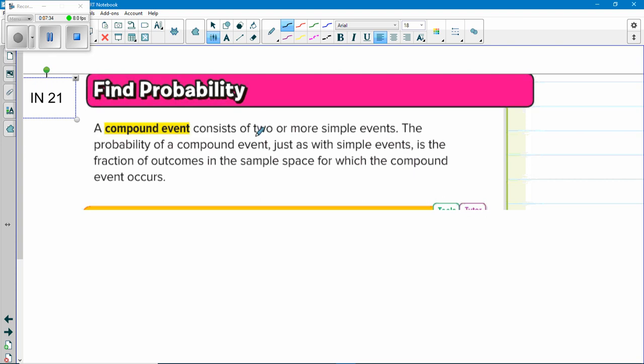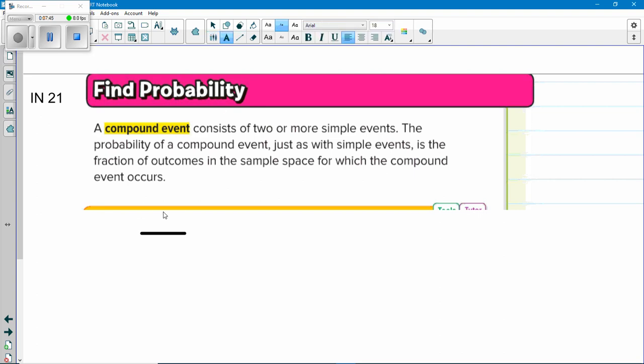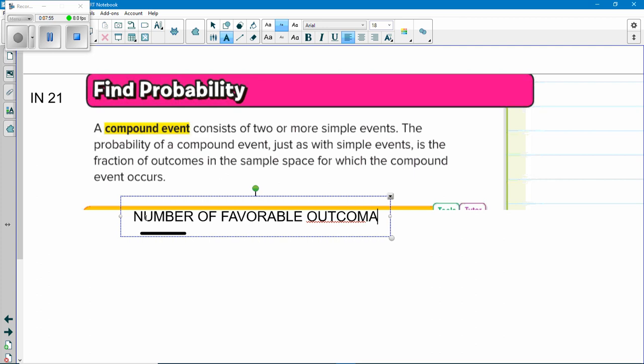It's basically simply like this. It's a fraction where on top you have basically the number of favorable outcomes.